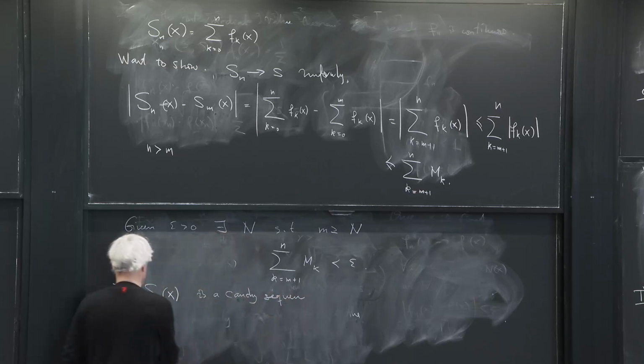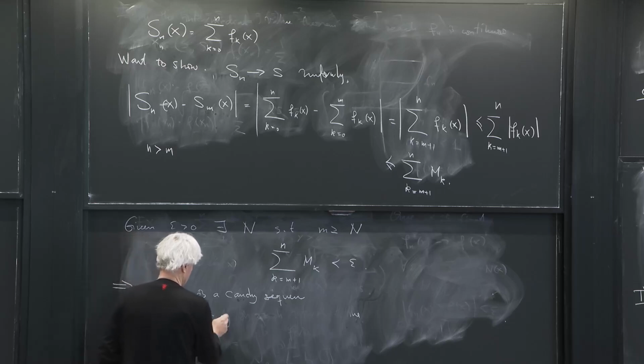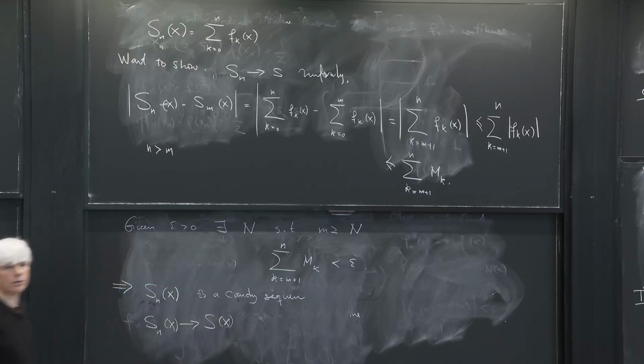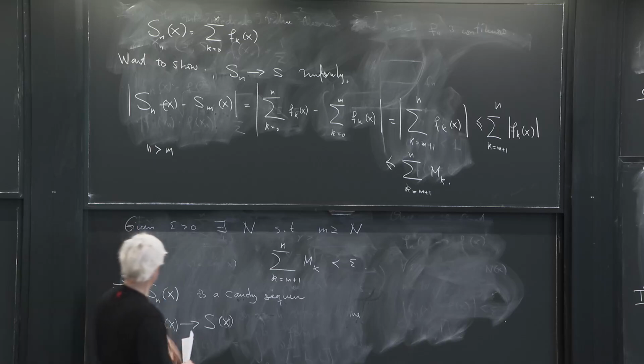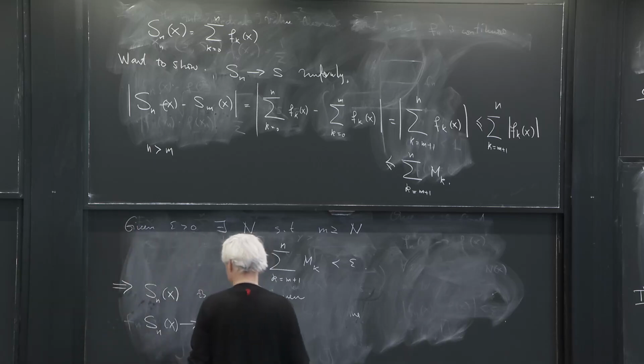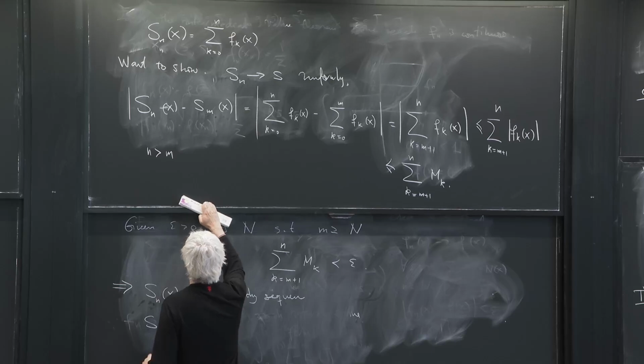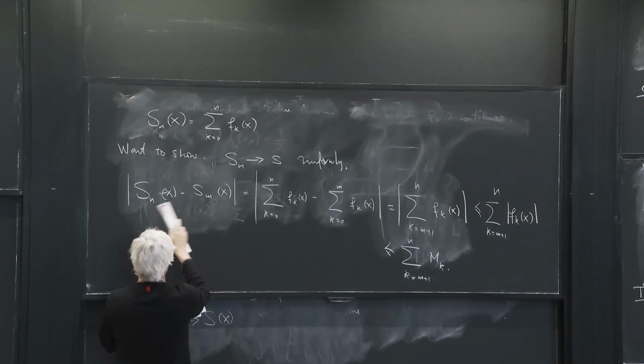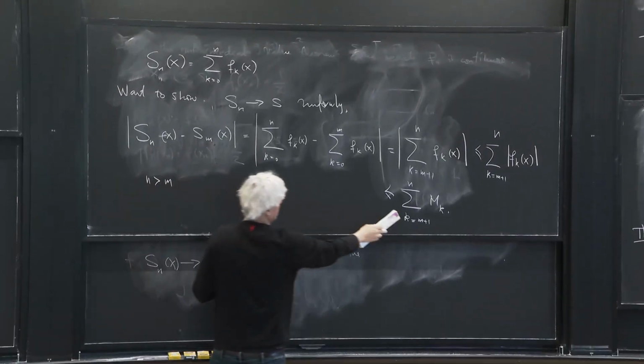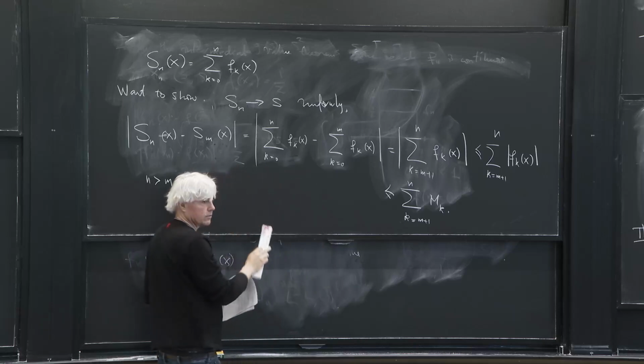So this means that these S_n of x will actually converge to something, and that something I call S of x. So that gives you a function, S of x, but it gives you more, because this inequality holds for all x, right?